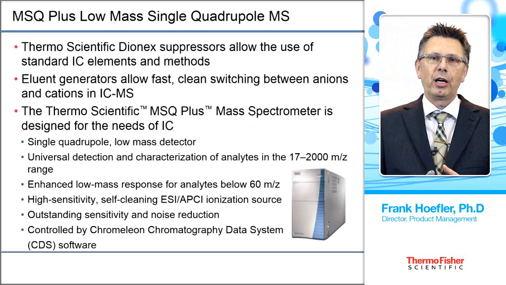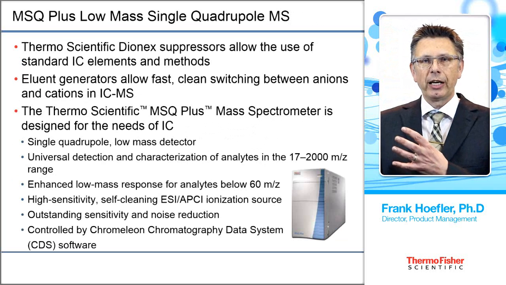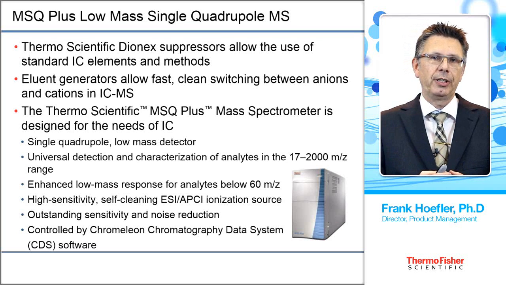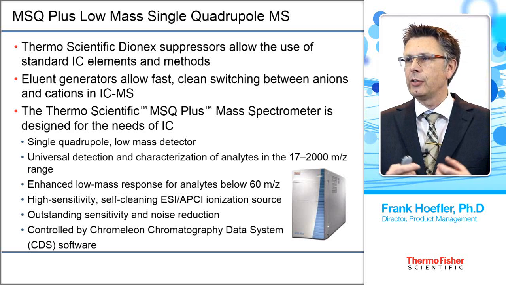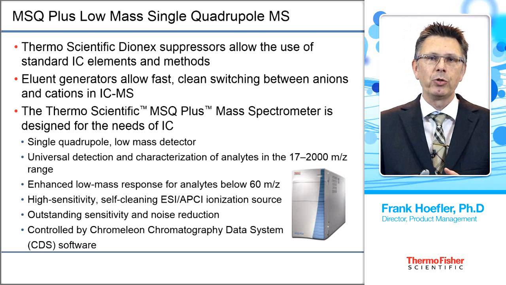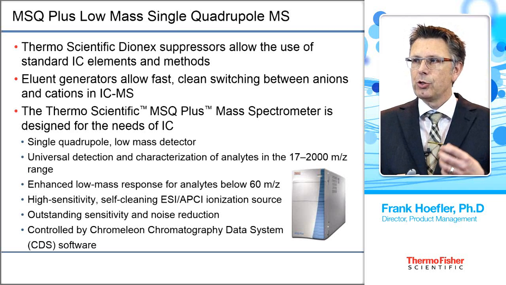In this case, and in all the examples I'm presenting today, we are looking at a low-cost single quadrupole mass spectrometer, which is more designed as a detector for chromatography. And it is widely used also with IC to analyze specific compounds, which typically are at low concentrations. So what are the key components we are looking at here?